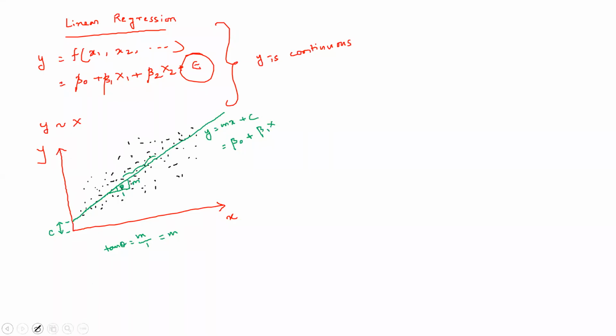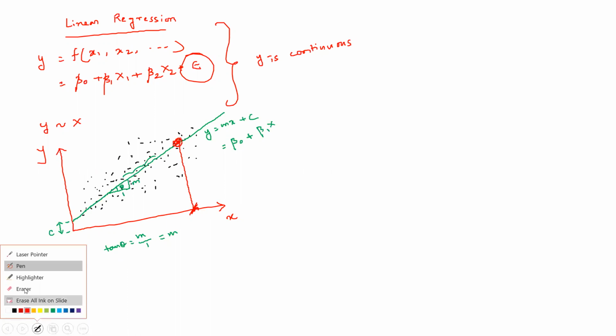Best fit is defined by the predicted y value and the actual y value. For example, let's say for this particular x, the predicted y value is this one. If I draw a perpendicular line like this, that is where the predicted y value comes.